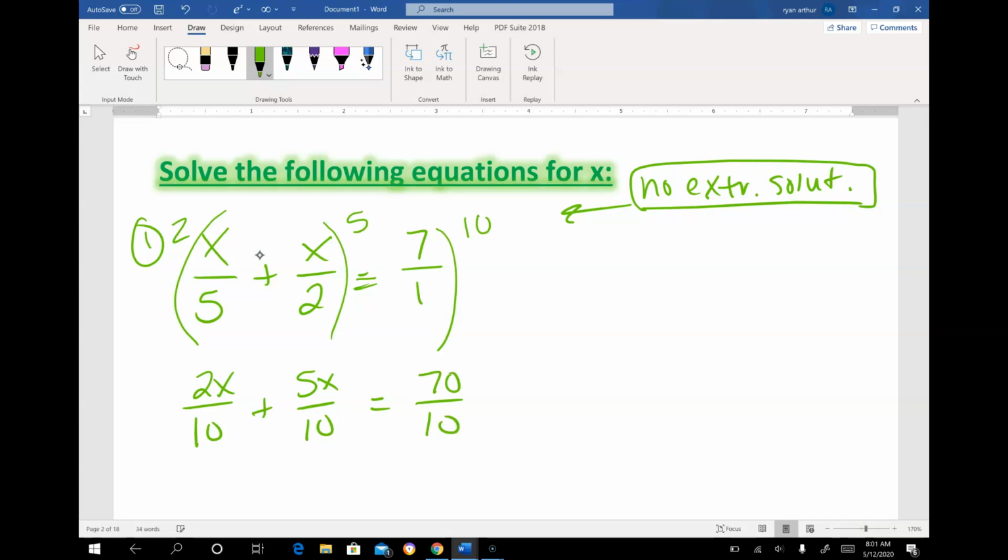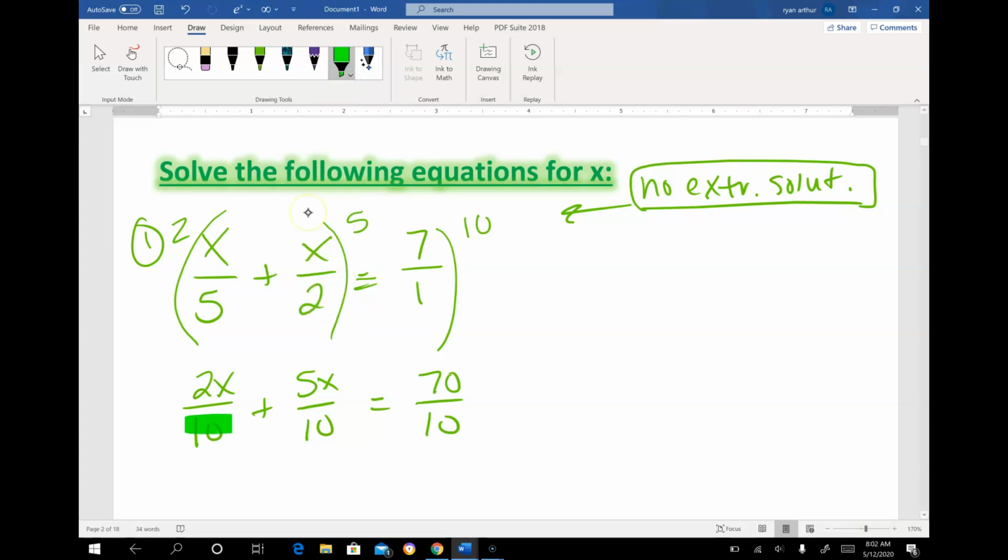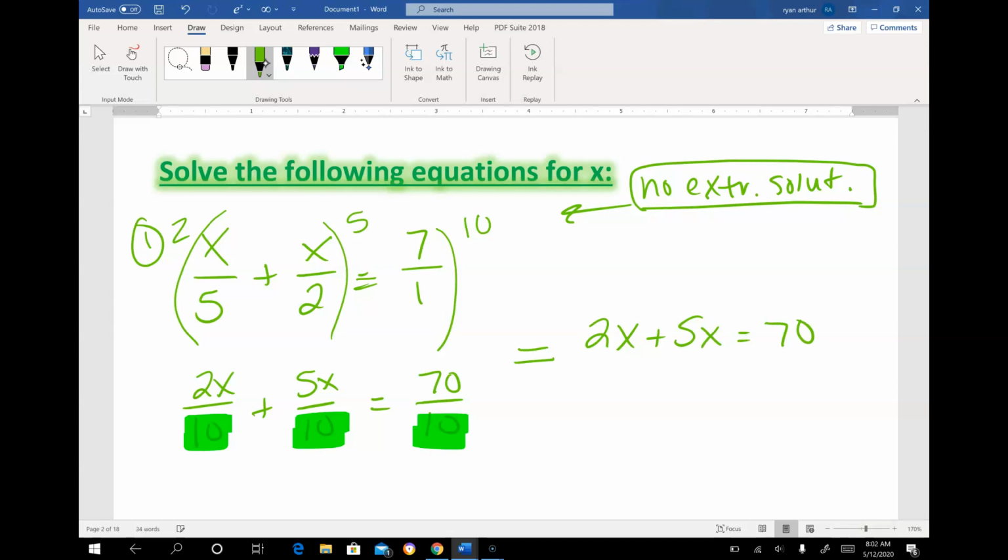And when you have like denominators, which we do, then you can come over here and solve the numerator. So we're going to say 2x plus 5x equals 70. The denominators didn't go away.